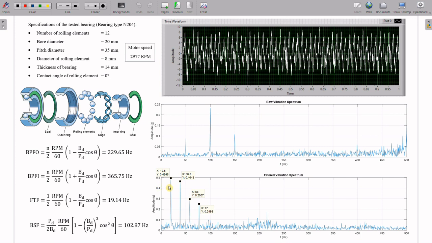We find this frequency matches with the FTF. Therefore, we suspect that there is a defect on the cage of the tested bearing. Furthermore, we also find harmonics with respect to the FTF. Then the possibility of cage defect will also be higher.